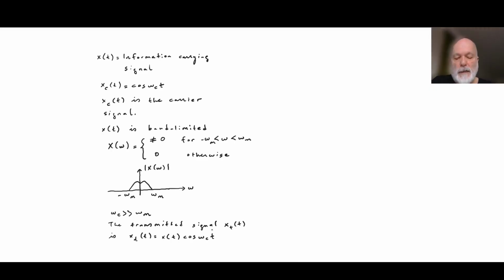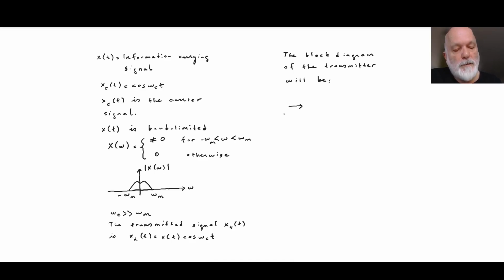So it will be the product of x of t and cosine omega c t. So the block diagram of the transmitter will be: we have the information carrying signal x of t.